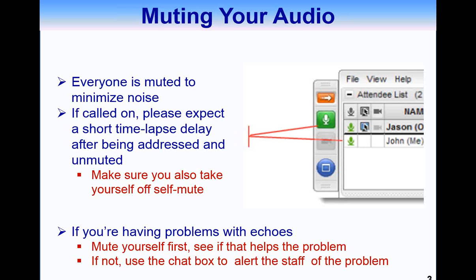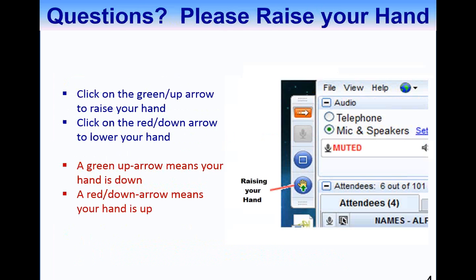Next slide please, Astrid. You can see the little arrow there to raise your hand. If it's a green arrow pointing up, it means your hand is down and you have the opportunity to put it up. If you've raised it and it turns red and points down, it means it's up and you have the opportunity to turn it down.